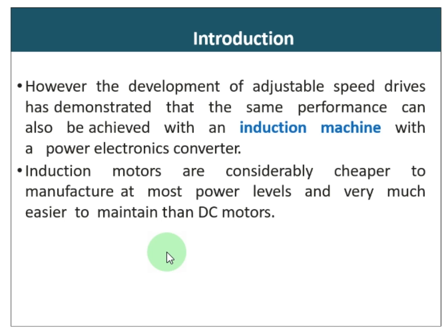Therefore, nowadays induction motors or induction machines are very popular, mainly because they are cheaper to manufacture and also much easier to maintain than DC motors. You will understand why it is easier to maintain AC machines than DC machines when we talk about the real inside construction.